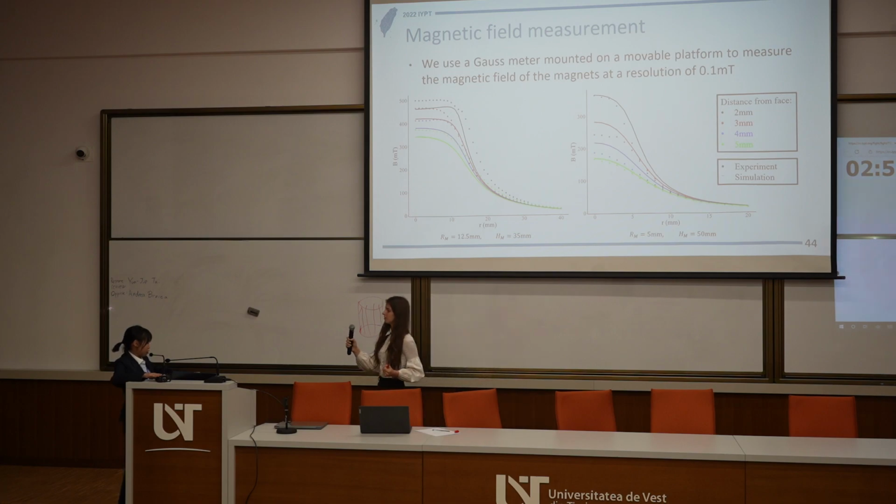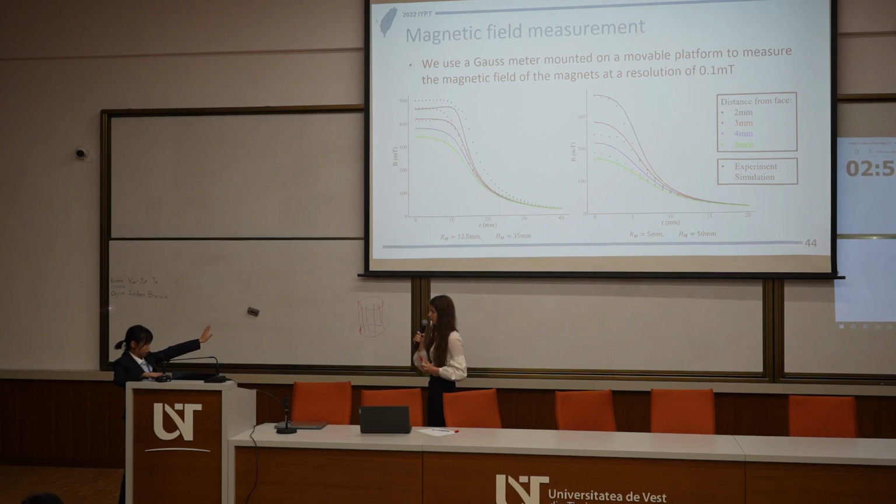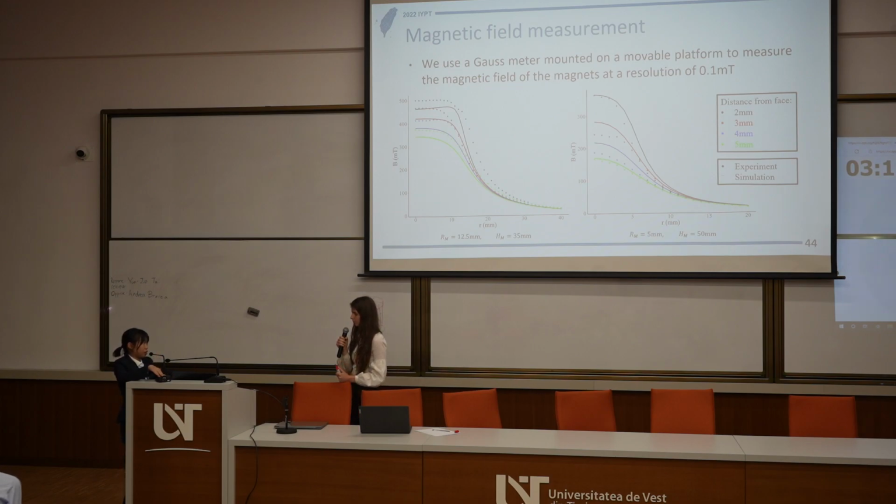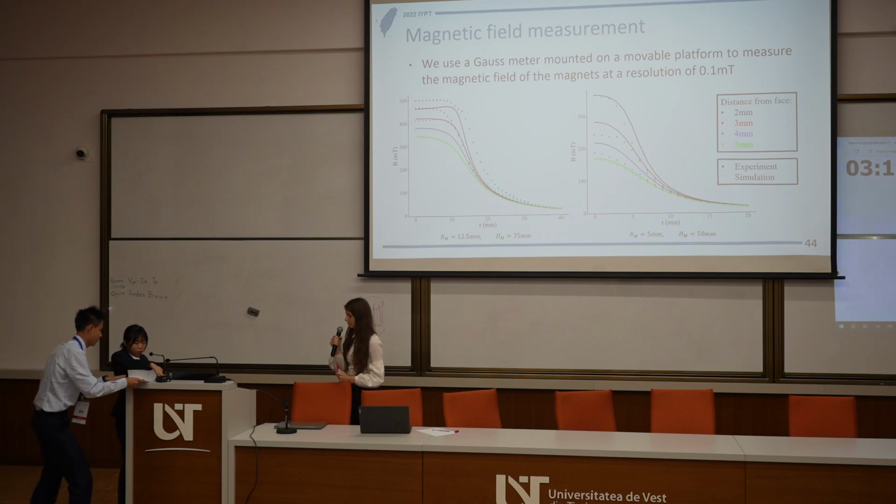So I have not made it clear, I suppose. The simulation that we used in the first one assumes it's all homogeneous, so it will not have exactly the same magnitude of magnetic field as the real magnets that we use. In the second simulation, we use the real data to put into the simulation in order to get a more accurate result.